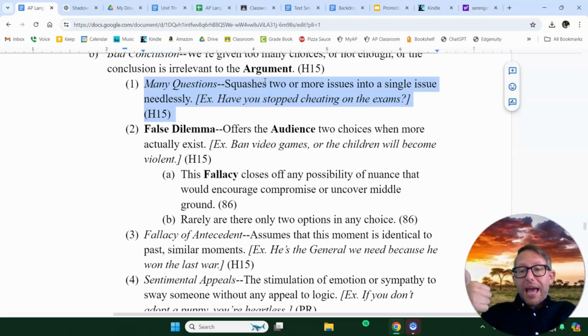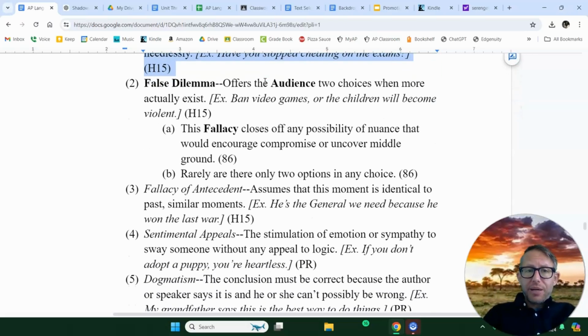The fact that A, one has cheated, and B, one may or may not be continuing to cheat. So you're putting too many questions together at once for a single issue, okay? And that ultimately means that whatever the answer to that question is going to, in some cases, be flawed based on what your responses to those two different questions are within that one question, okay?